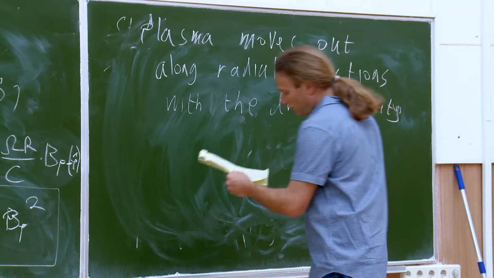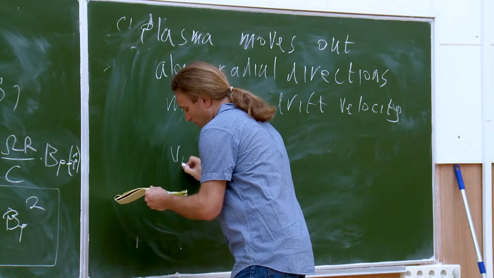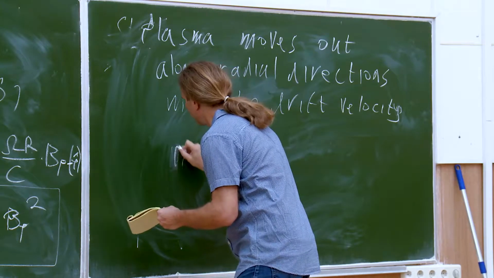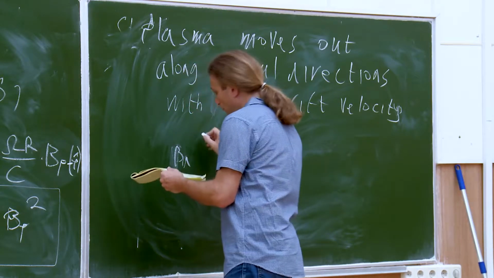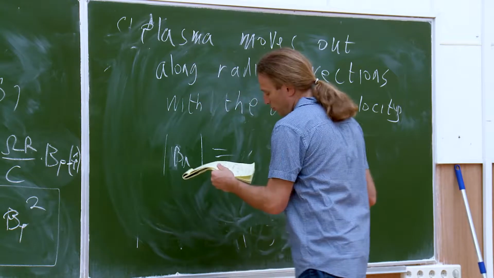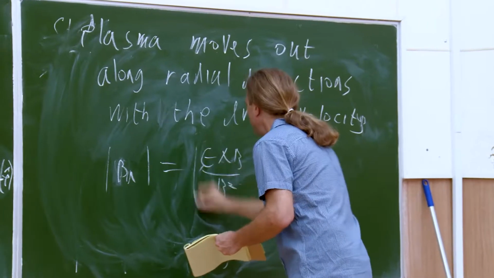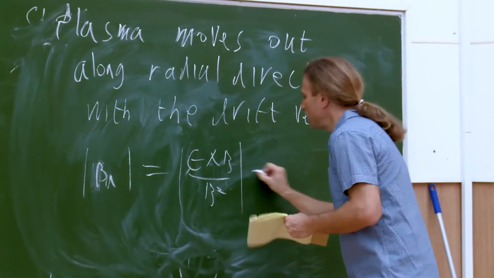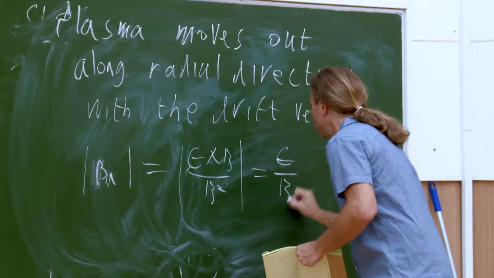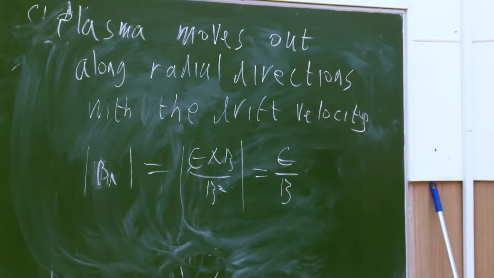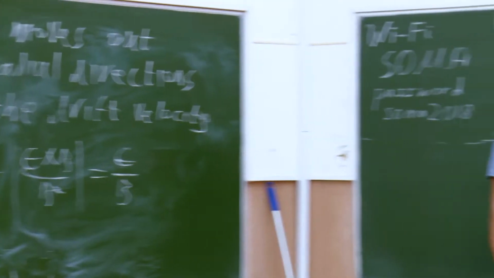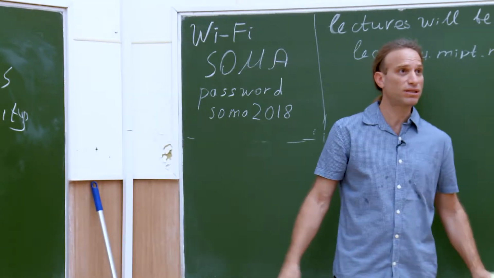And what is the drift velocity? V drift, or beta drift, is equal to E cross B divided by B square. Okay? And this is just equal to E divided by B. This is the absolute value of the drift velocity. E divided by B. That's it.